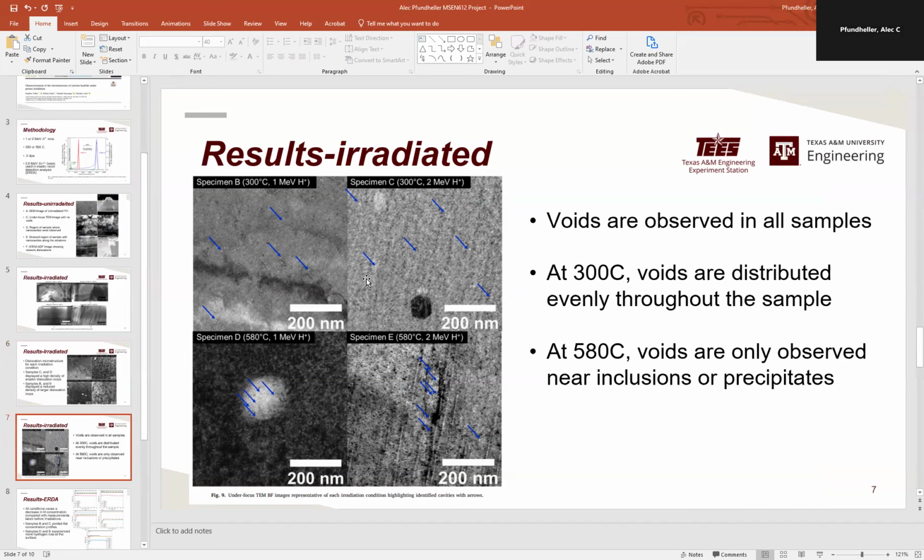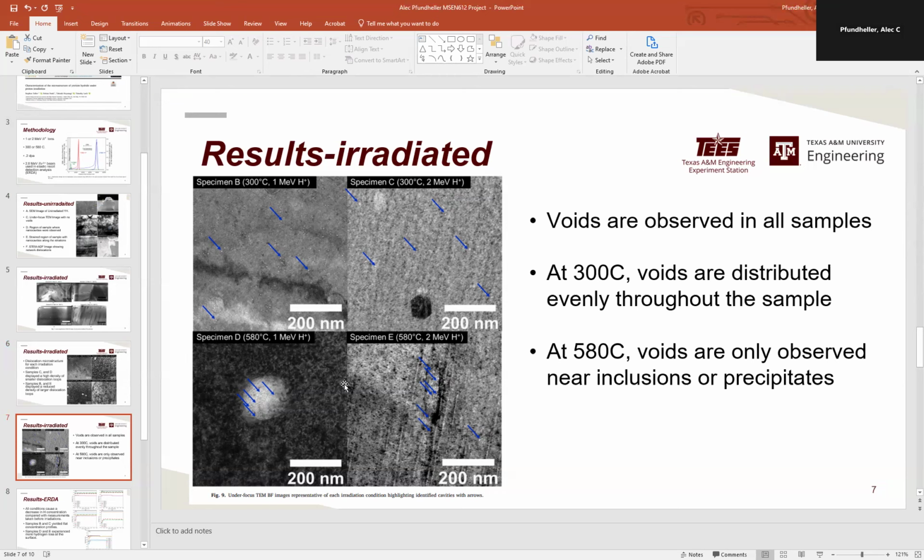But then as you go up to 580 degrees C, voids are only observed near the inclusions and the precipitates. You can see these voids are only found near this inclusion and around this precipitate area. Now, this could have very positive implications, because at very high temperatures, likely the voids are diffusing out to sinks and they don't have a chance to swell.